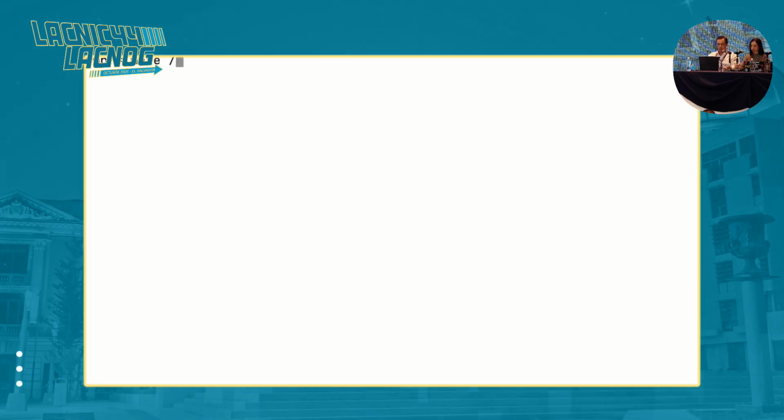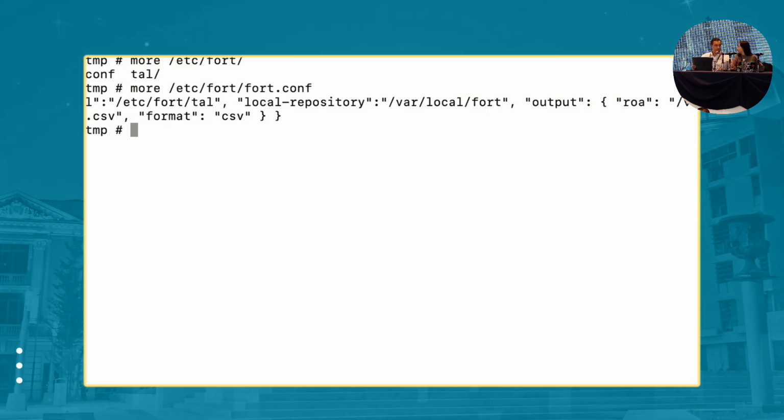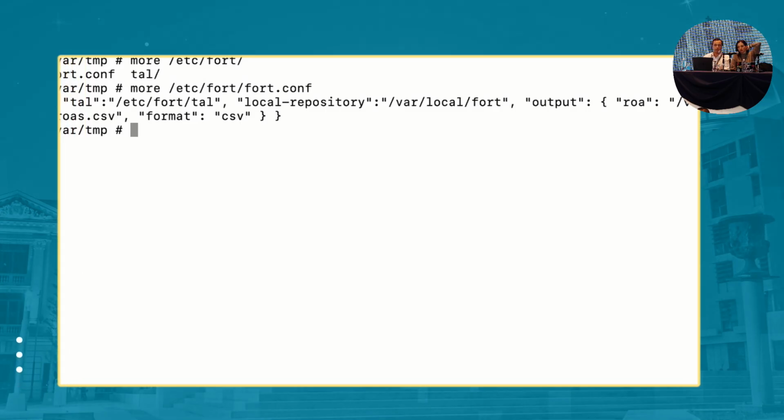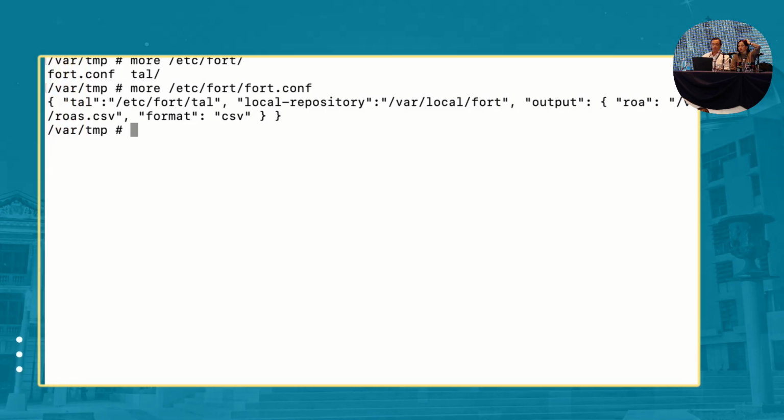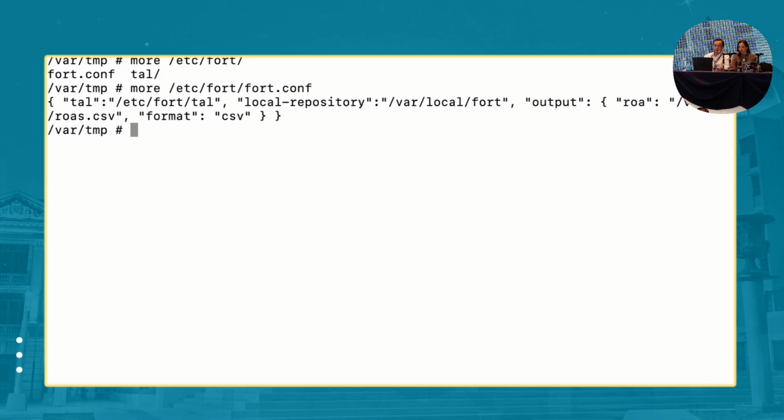The first thing I'll show you is a minimum settings or configuration file for the Fort validator. We have not yet seen what different validators we have, but this is one of the most widely used in the region, as I said before. The configuration file is a one-line file.